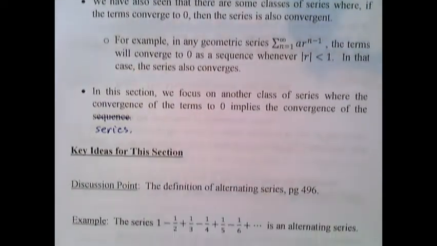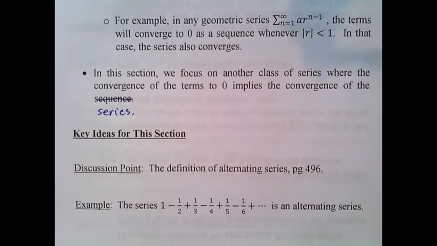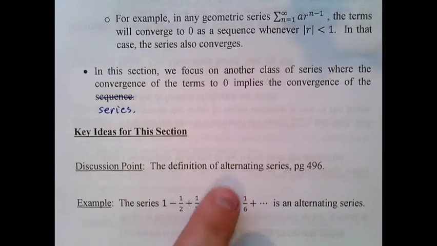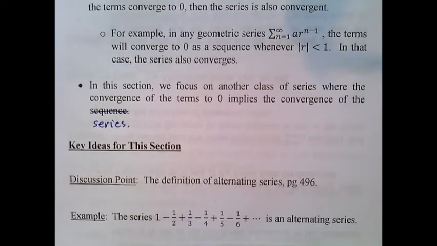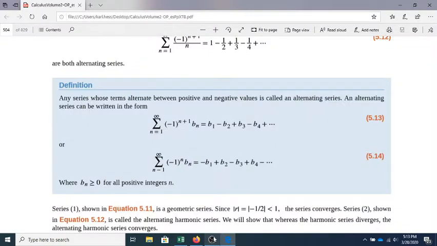Alright, so continuing on with our outline, we're going to look at the definition of the thing that this section is all about, alternating series. So let's have a look at page 496 of the book. Alright, so here's our definition of alternating series. It says any series whose terms alternate between positive and negative is called an alternating series.